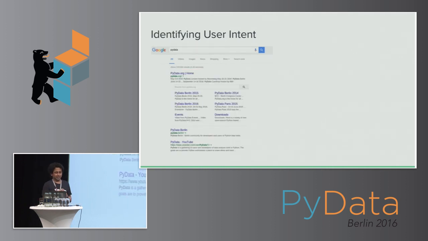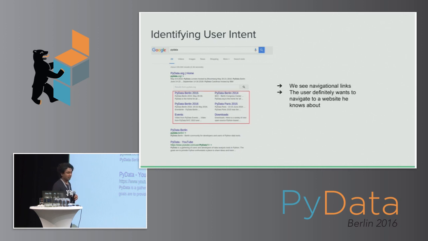Similar example, PyData. So yeah, maybe people who don't know about the PyData website, they Google PyData, and this comes up. Now, what we don't observe is this. We see there are a lot of navigational links. The user definitely wants to go to the PyData website. He doesn't want to buy burgers.